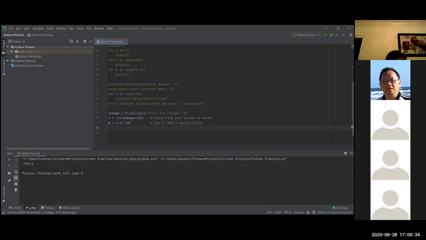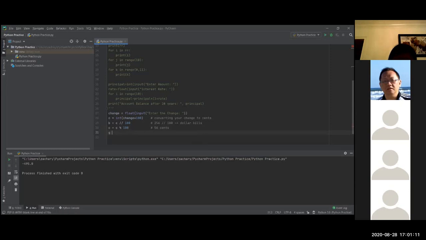And once you get the dollar bill, your remaining cents should be your cents taking the remainder by 100. So that would be 56, because that $2 has already been represented by B. So we got the remaining cents, it will be 56 cents.